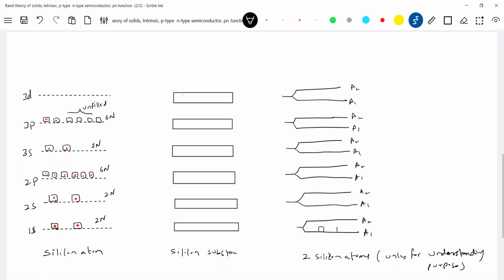Again, you can fill up like this. See, so this is 1s, 2s, 2p, 3s, the 3p.